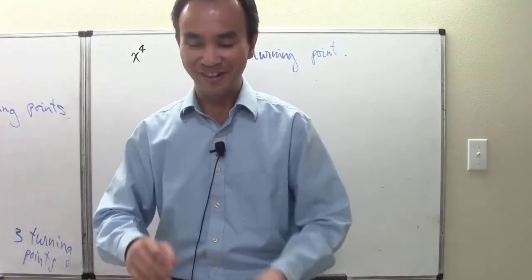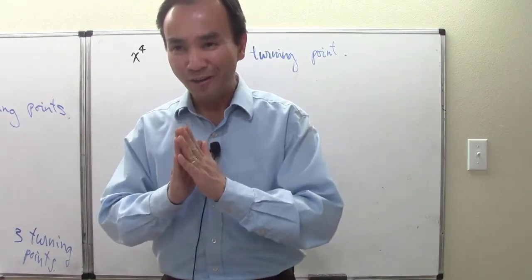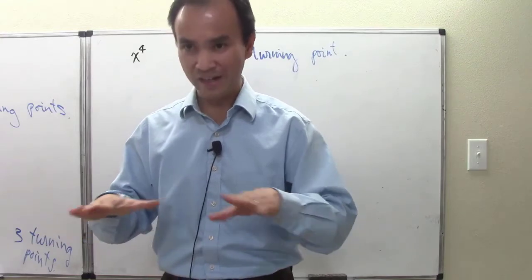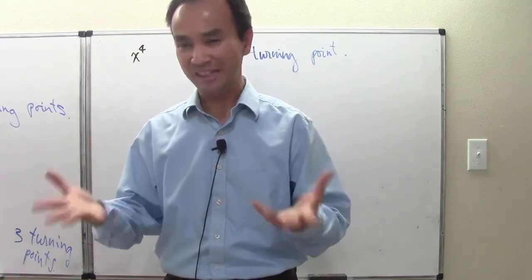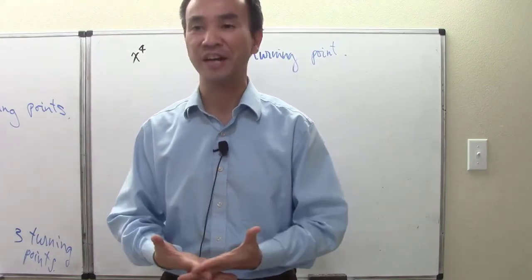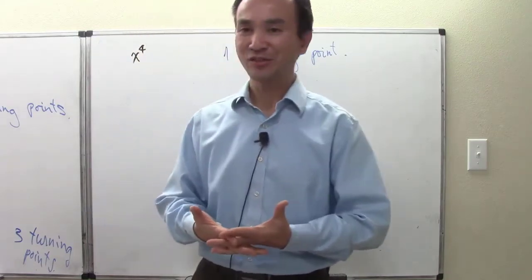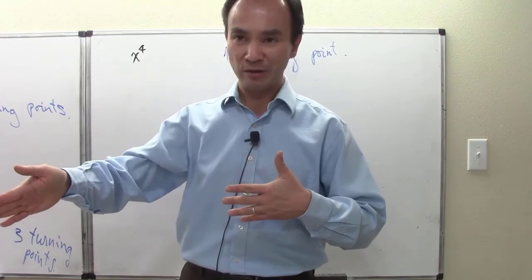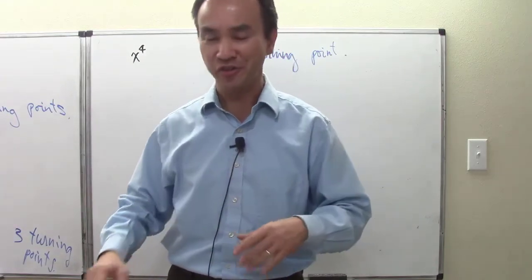I mentioned it earlier. There are still a lot of details about these turning points that, at this point, we're not able to catch, because you need a more advanced understanding. Later, when you arrive at your calculus course, all of that will be clearly explained.